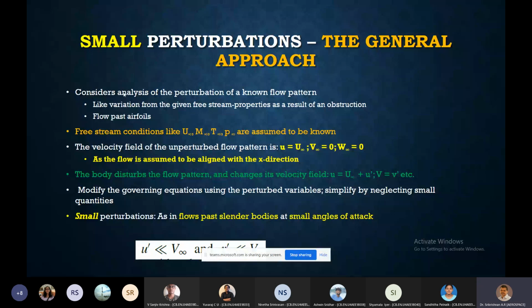Anyway, so what we are considering is disturbances or perturbations caused to the mainstream flow properties like U infinity, M infinity, T infinity, P infinity, etc. They are all free stream properties.